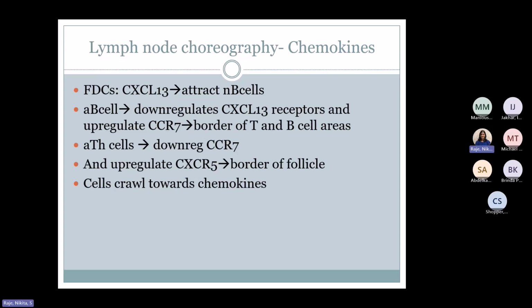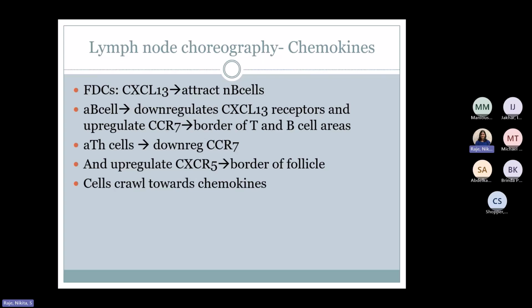So let's look at how that works for the lymph nodes. Lymph nodes have the lymphoid follicles that have follicular dendritic cells. Follicular dendritic cells release CXCL13, a chemokine that attracts naive B cells. When lymphocytes enter the lymph node, the naive B cells will be attracted towards the follicle because they are moving towards the CXCL13.